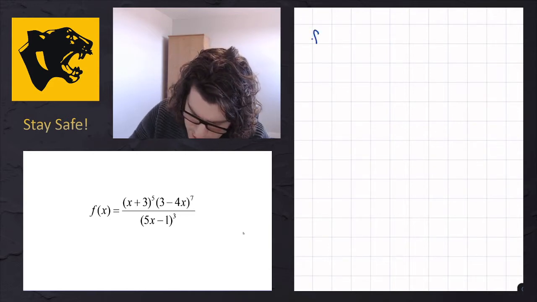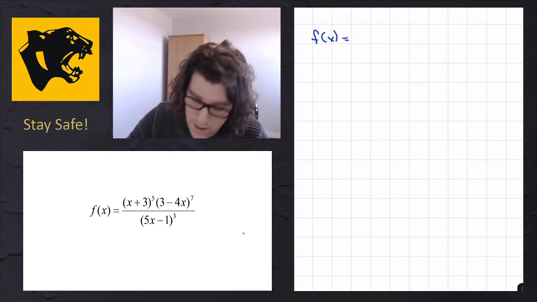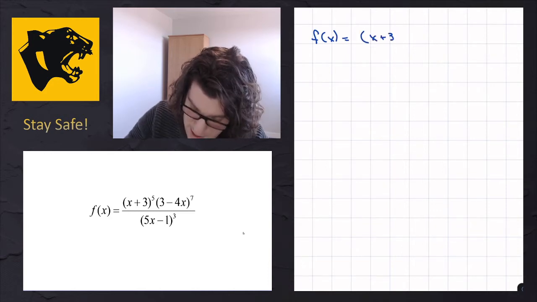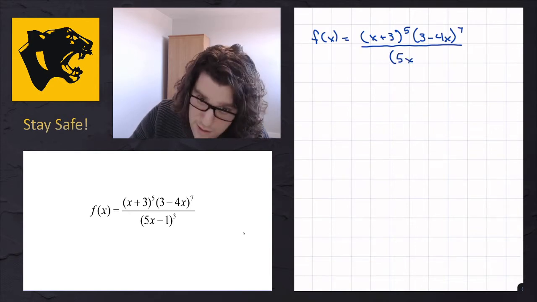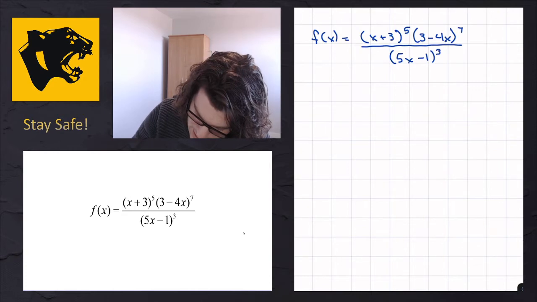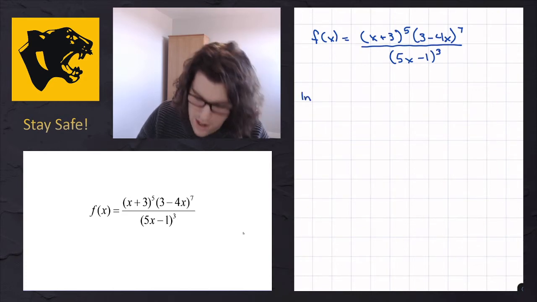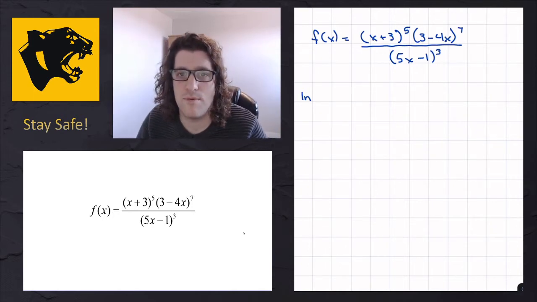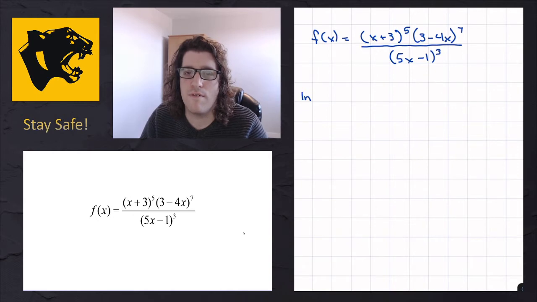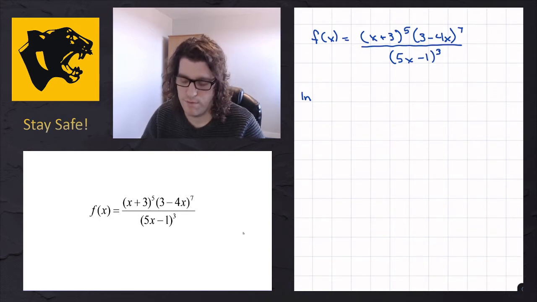I'm going to start off just by writing down this function so I can see it as I'm working on it. And from there, I'm going to take the natural logarithm of both sides of this equation. Last time I did a little bit of an aside where I showed you that the derivative of the logarithm of the absolute value of x is the same as if you don't have an absolute value there.